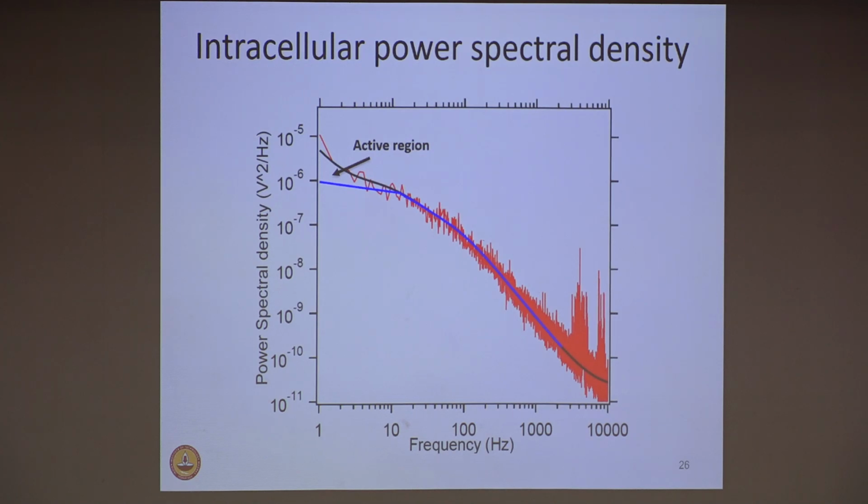This active behavior inside the cell has been corroborated many times by Timo Betts and company all over the world. Even Daisuke Mizuno is doing these things, showing that at low frequencies he sees this active behavior in the fluctuations of the particle.